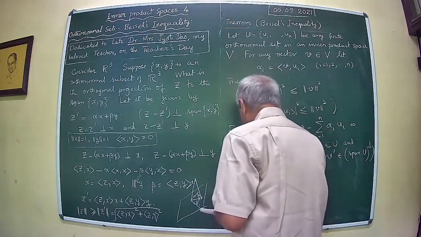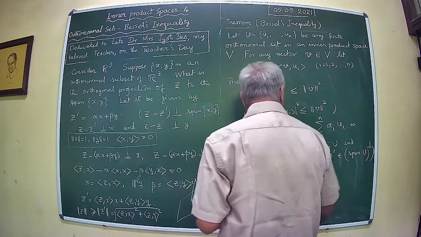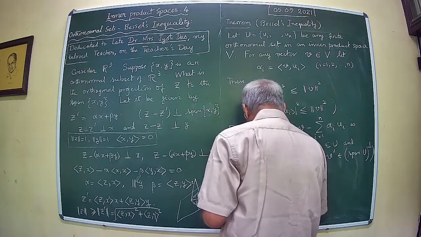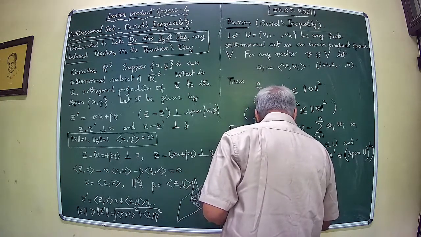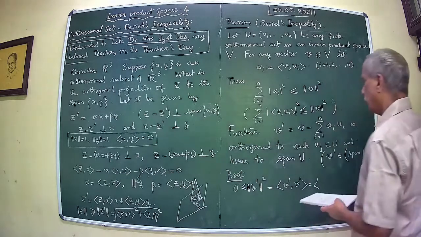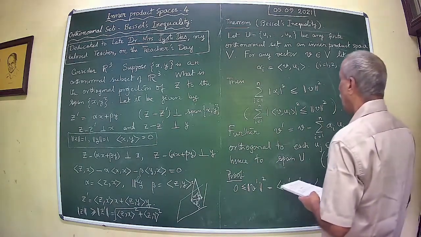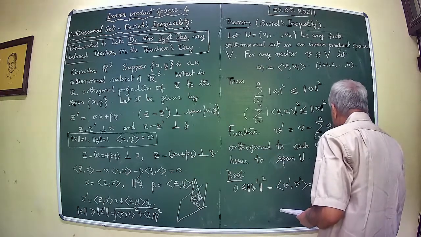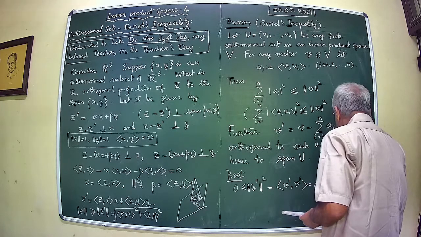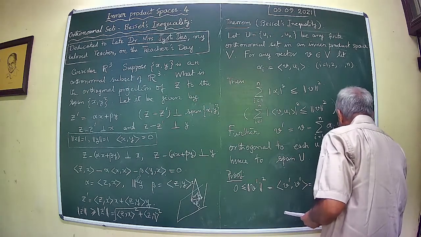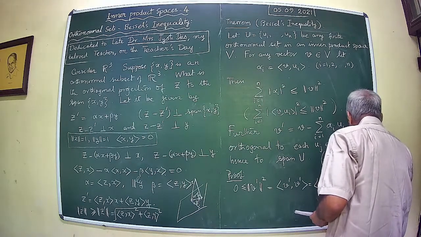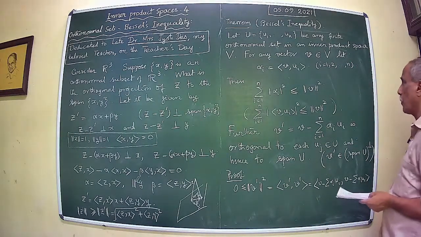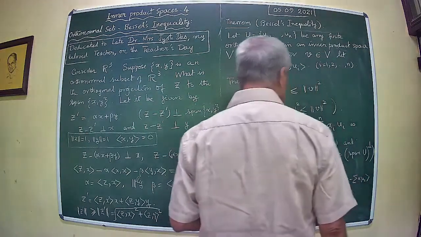So you see that this one, you just compute this. 0 is less than or equal to the inner product of v prime with v prime, which is the inner product of v minus sigma alpha i ui with itself, where of course alpha i is as given to you.